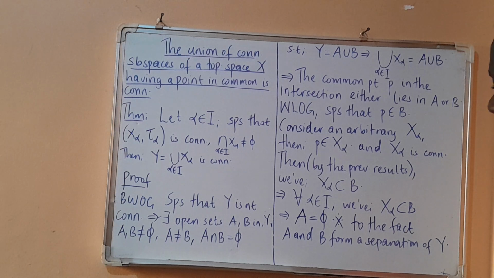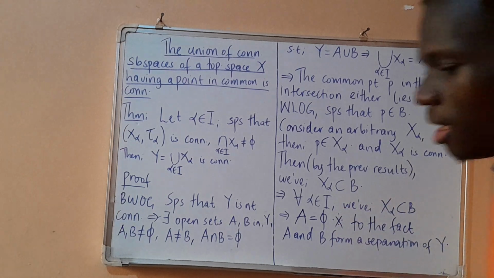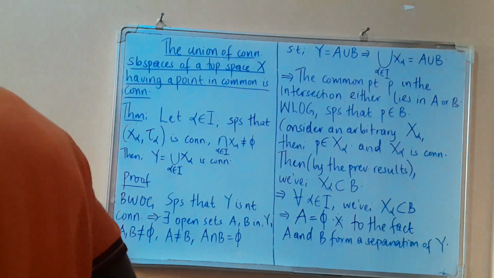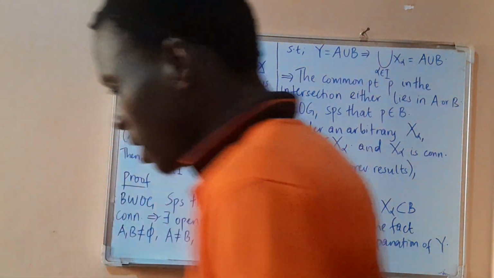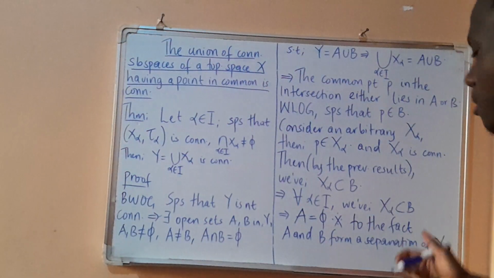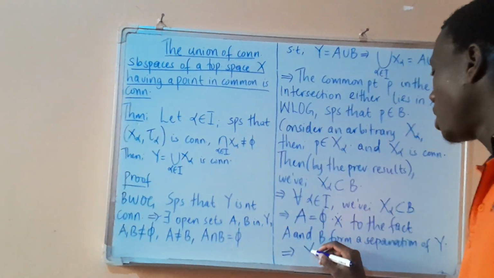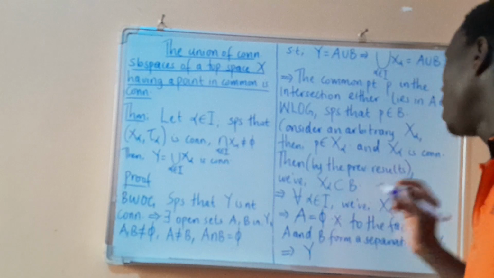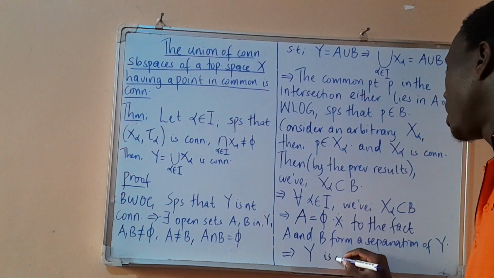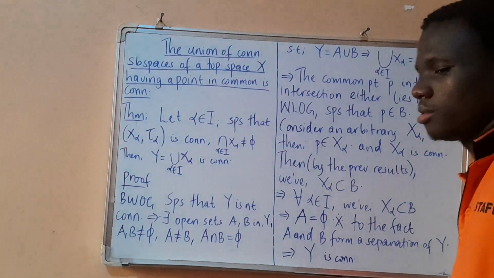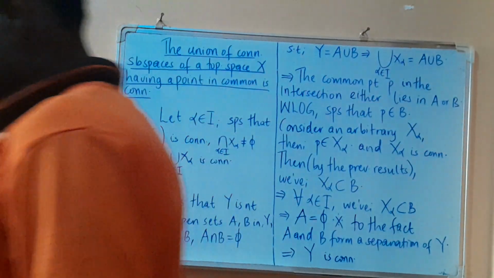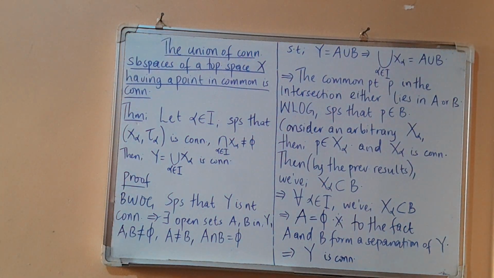A is non-empty and B is non-empty at the same time. If A is an empty set, then A and B cannot form a separation of Y. So this implies that our assumption was wrong. This implies that Y is connected. We cannot have A and B forming a separation of Y.